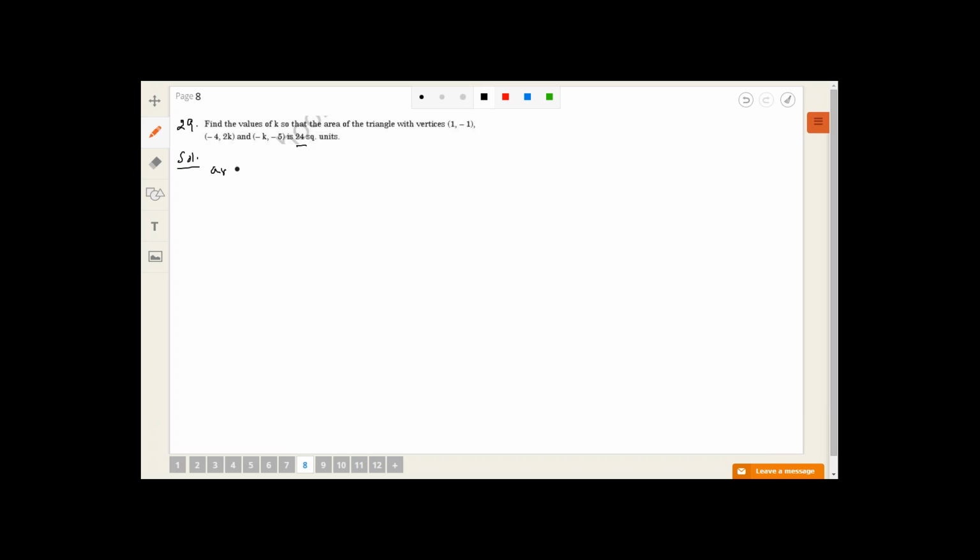Now we need to apply the area of a triangle formula in coordinate geometry. Generally, the area of a triangle will be half of x1 into (y2 minus y3) plus x2 into (y3 minus y1) plus x3 into (y1 minus y2). Let the points be A (1, -1), B (-4, 2k) and C (-k, -5).